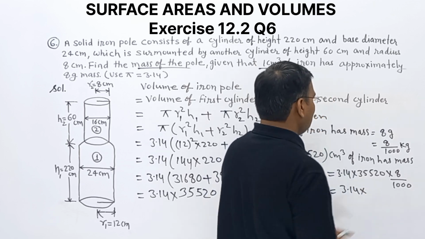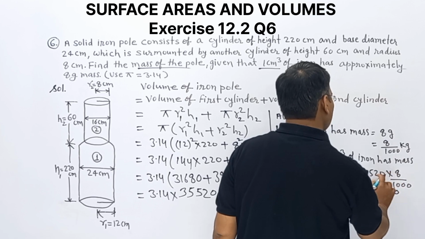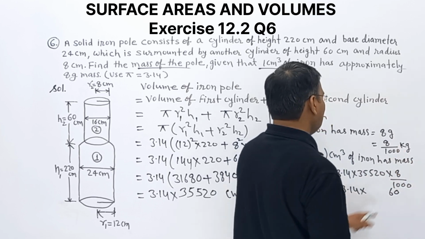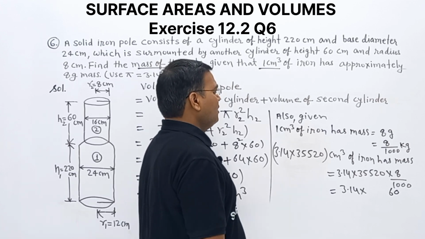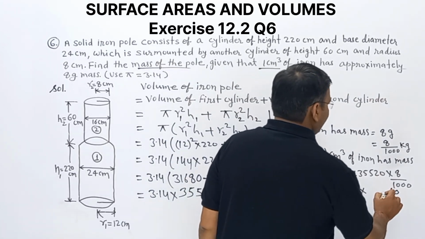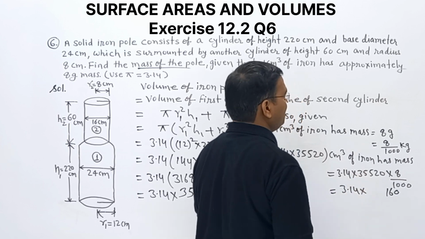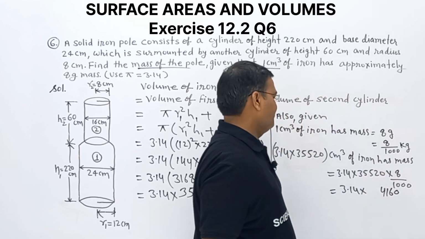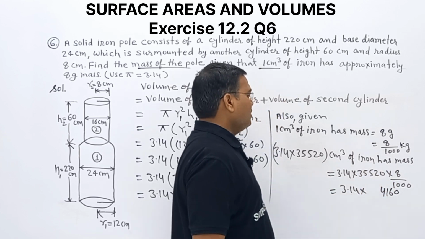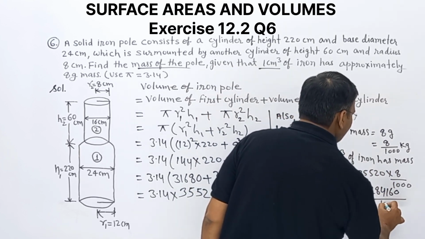3.14 into, multiply this one. 0, 8 2s are 16, 1 is remaining. 8 5s are 40, 40 plus 1 is 41, 4 is remaining. 8 5s are 40, 40 plus 4 is 44, 4 is remaining. 8 3s are 24, 24 plus 4 is 28, divided by 1000.